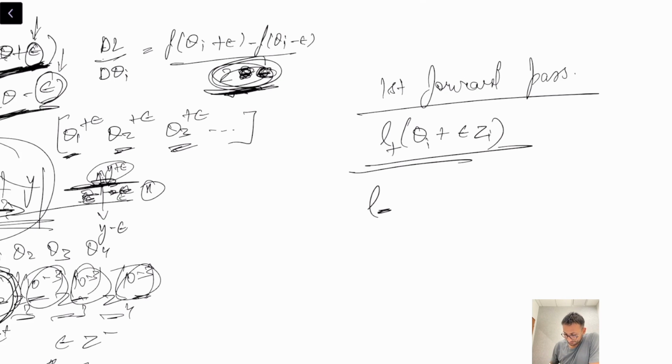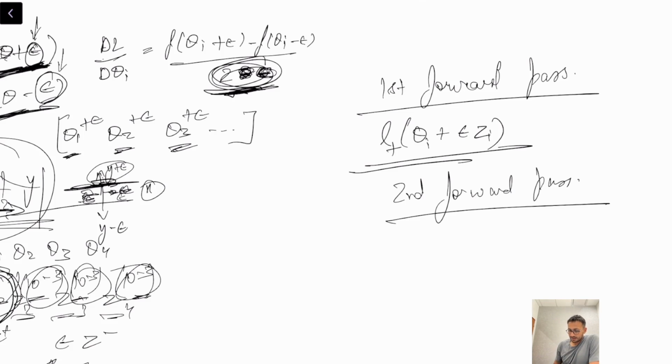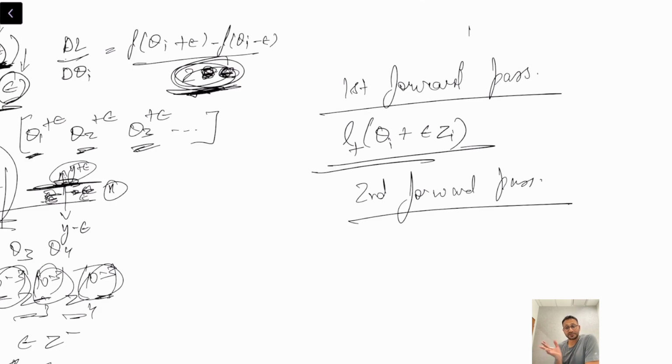Now for the second forward pass, I'll calculate the negative side of things. So we moved up, and then now we have to go down. So L minus will be theta minus epsilon z.